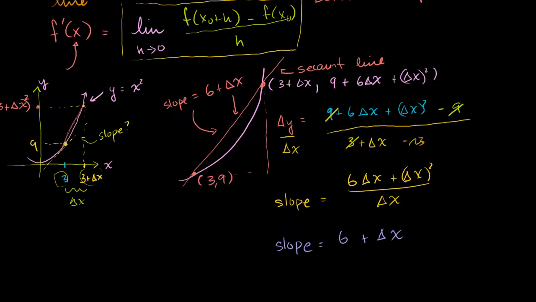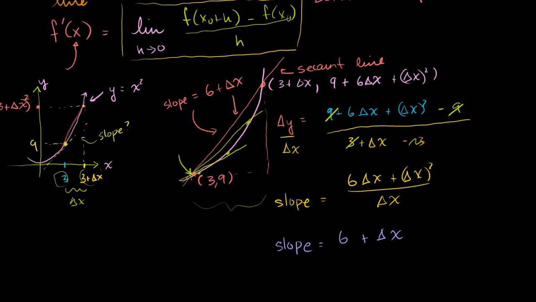Now, we wanted to find the slope at exactly that point right there. So let's see what happens when delta x gets smaller and smaller. This is what delta x is right now. It's this distance, but if delta x got a little bit smaller, the secant line would look like that. If it got even smaller, the secant line would look like that.